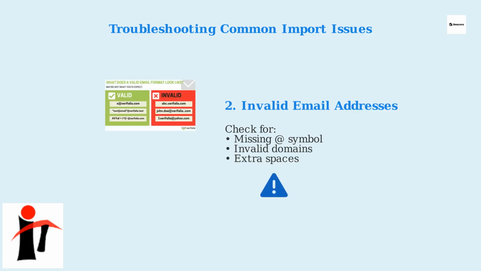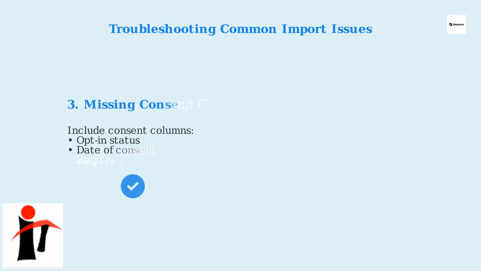Beacons.ai validates emails during import, so ensure addresses have proper @ symbols, valid domain names, and no extra spaces or special characters in invalid places. Missing consent flags can cause imports to fail. Beacons.ai requires consent columns showing opt-in status and consent dates to comply with privacy regulations like GDPR and CCPA.